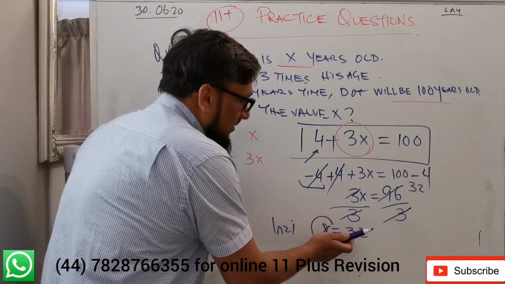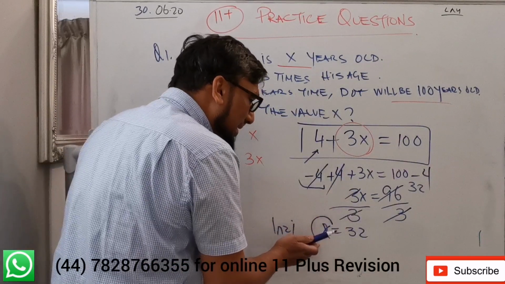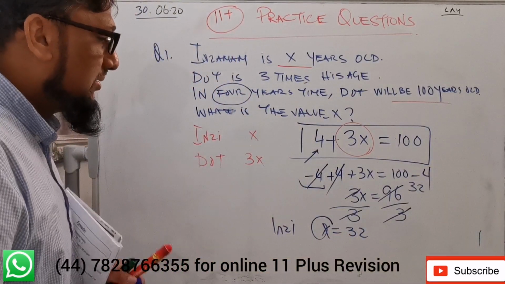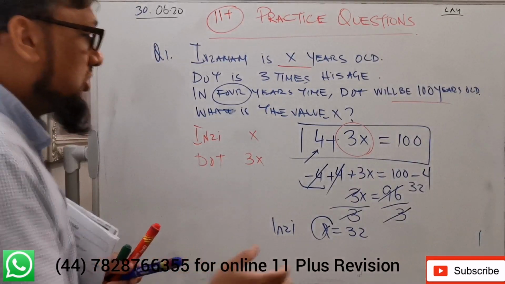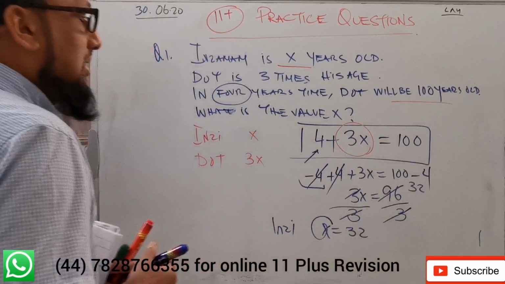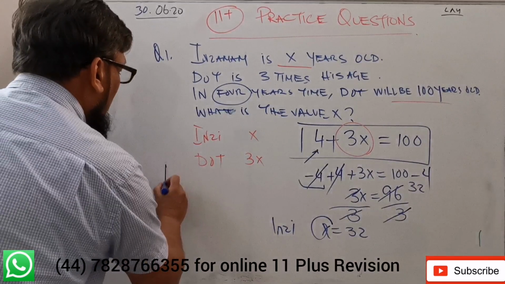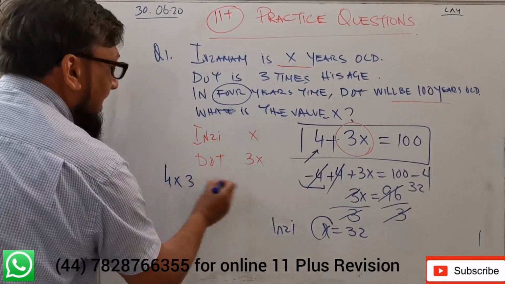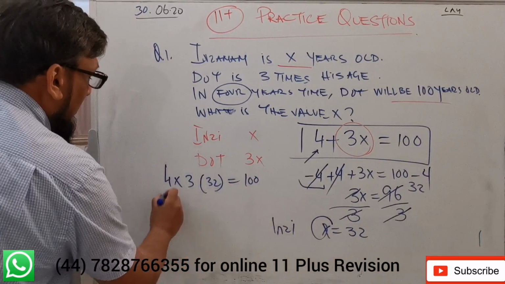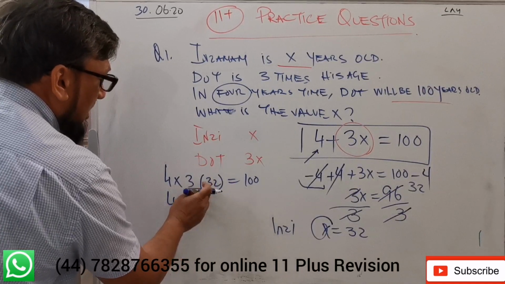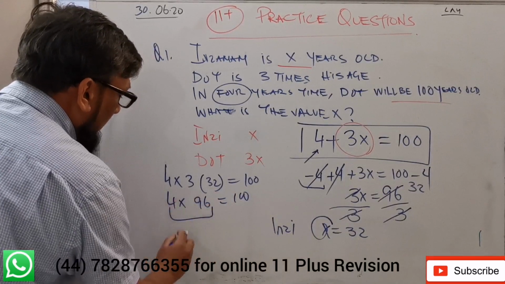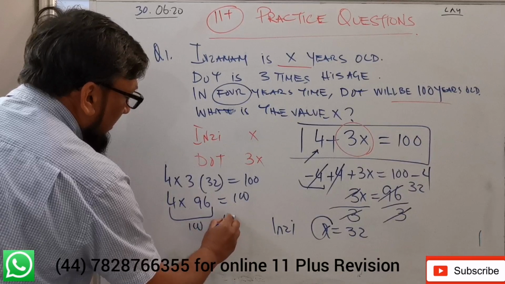And I can find out whether the age we found is right or wrong. How can I verify this? You simply substitute the value 32 into this equation. 4 plus 3 times the value of x, 32, is equal to 100. 32 times 3 is 96, and 96 plus 4 is 100. 100 equals 100.